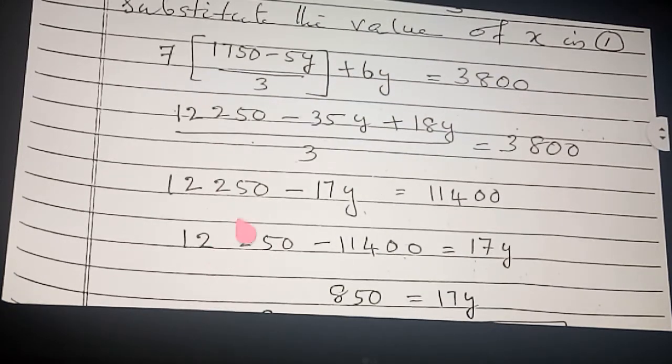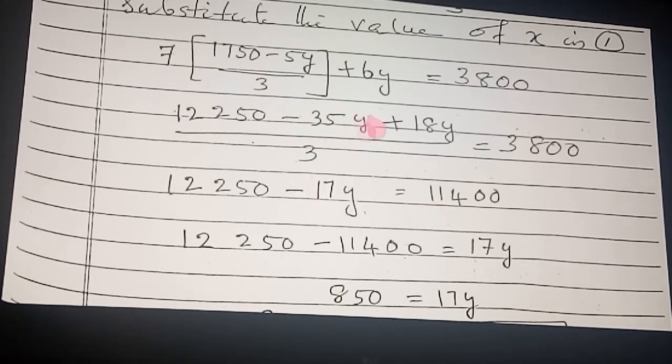And now the next step, see. 12,250, then minus 35y plus 18y. What's the difference coming? Minus 17y. And this 3 I cross multiplied and wrote here.